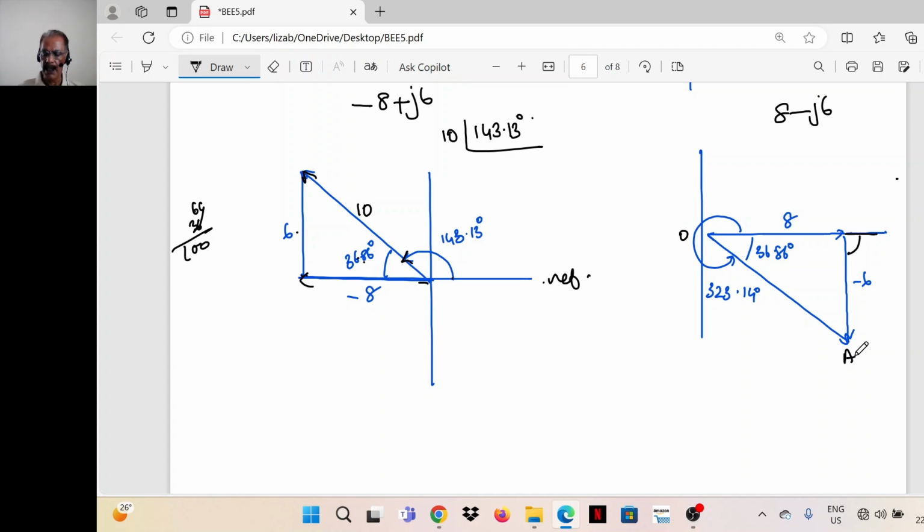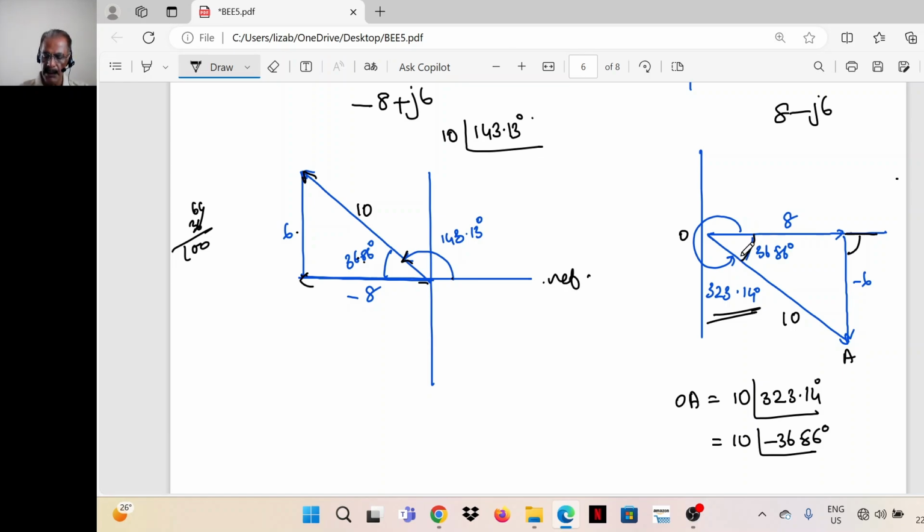So in polar form, the magnitude is 10 only. Square root of 8 square plus 6 square is 10. This angle is 36.86 degrees, tan inverse 6 by 8. So 360 minus 36.86 is 323.14 degrees. So polar form OA is equal to 10 angle 323.14, or 10 angle minus 36.86 degrees. Both are the same.